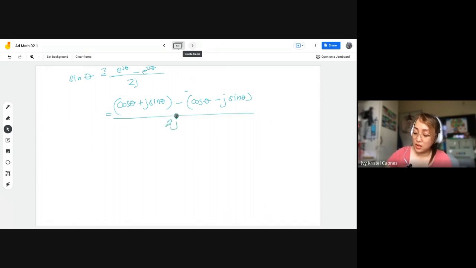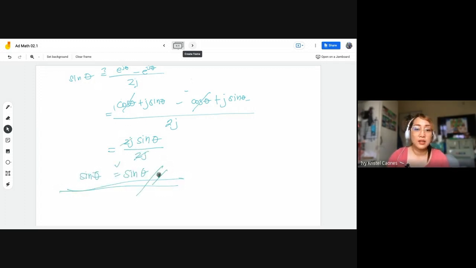We need to distribute the negative sign. That means, as you can see, the cosines cancel. Then it will give you 2j sine theta over 2j, proving that this is correct.